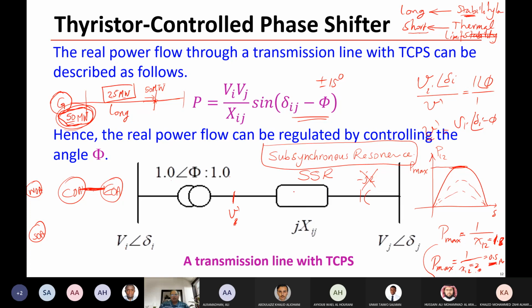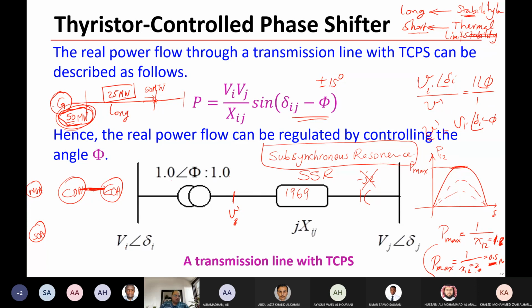This phenomenon happened in the US in 1968 or 69. There was a series compensated transmission line, and you have here a generation plant.